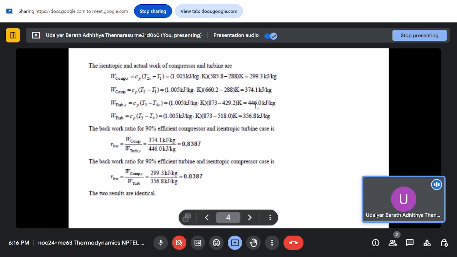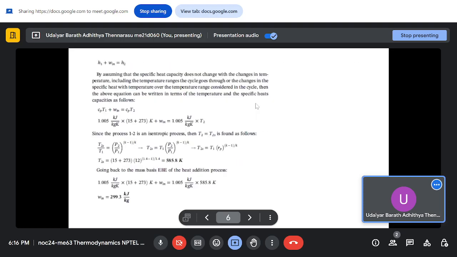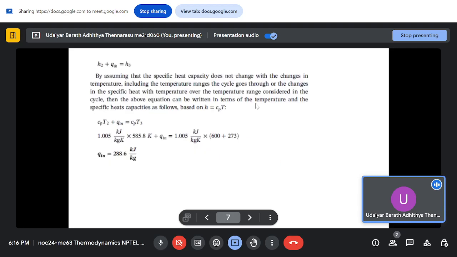So that will be close to 146.7. That is 146.7, and your Q which you are supplying is 288.6. So that will give you a 50% efficient cycle. So your efficiency of the cycle is 50% for this case.